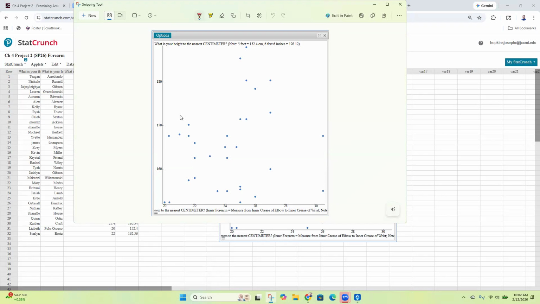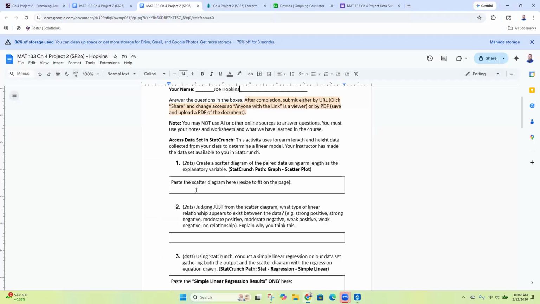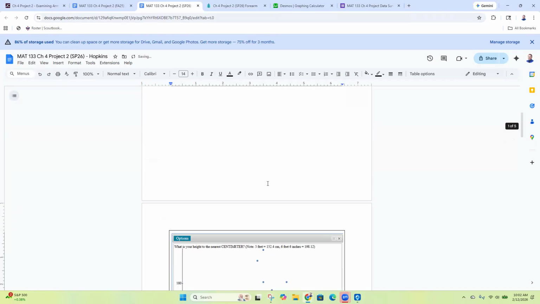We've said before in these projects, you're working with your own data, and if your scatter plot or results look different from mine, that's okay. All right, I'm going to copy this over into my project right here. Paste that there. So there's my scatter plot.